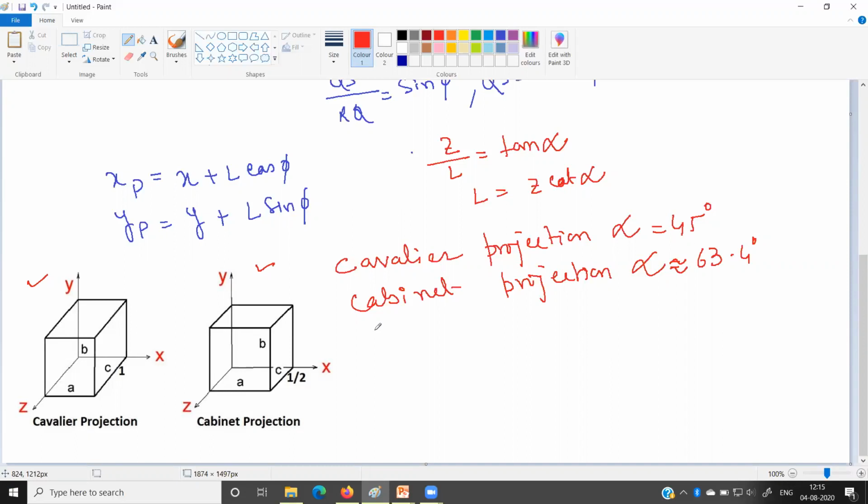But in case of oblique projection, the projector creates some angle alpha, which is not 90 degree. Based on this angle alpha, there are two types of projection. One is cavalier projection and the second one is cabinet projection. In case of cavalier projection, alpha is equal to 45 degree. But in case of cabinet projection, alpha is near about 63.4 degree. Okay. So that is all about the projections.